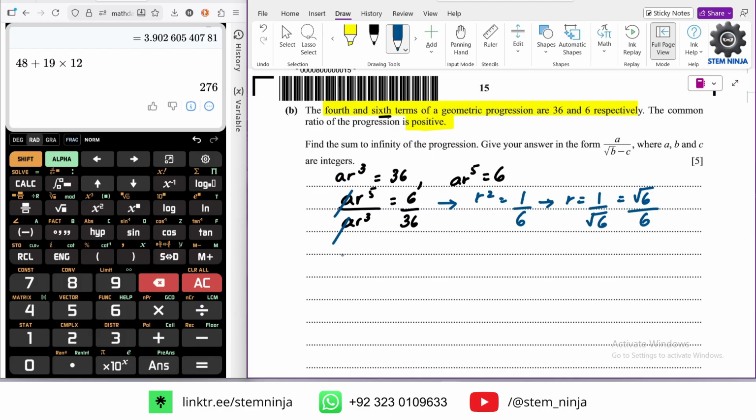Okay, alright, so for the sum to infinity, we also need the a. So a is 36 divided by r cubed. So 1 over 6 times root 6 over 6.